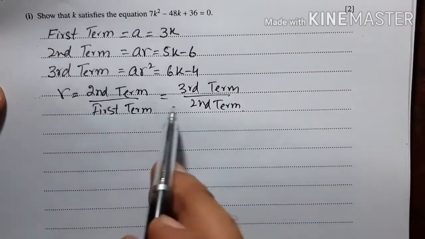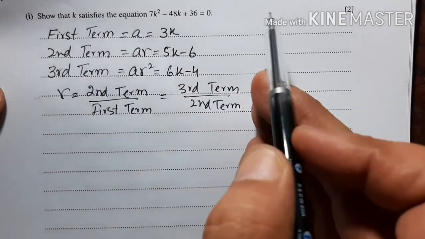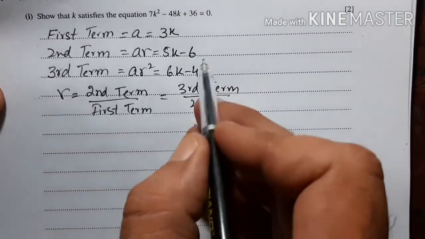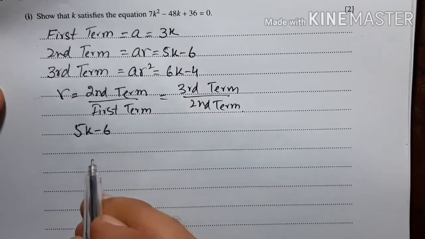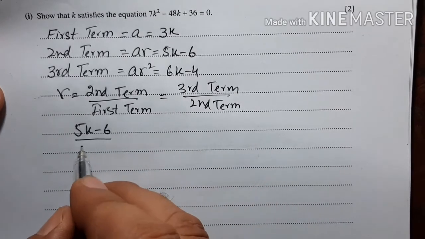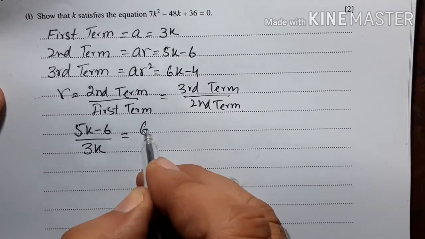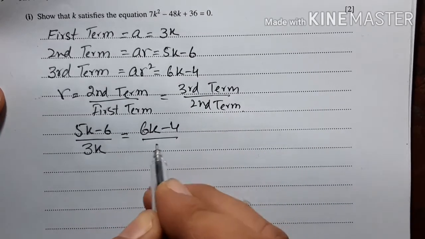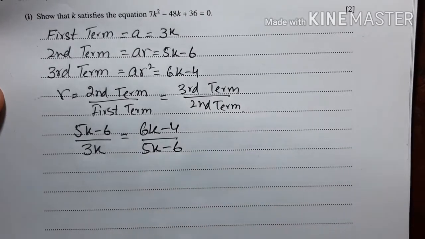So the common ratio can be calculated like this. We have all three terms, so I'll put in the values. The second term 5k minus 6 over the first term 3k is equal to the third term 6k minus 4 over the second term 5k minus 6.